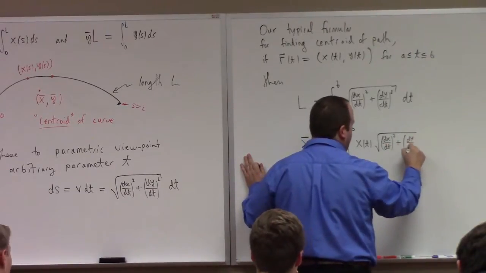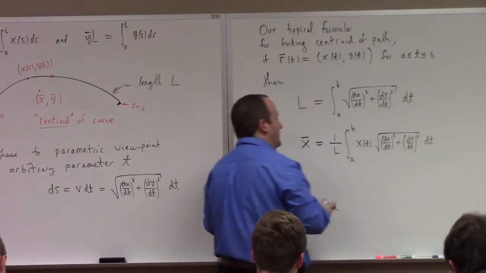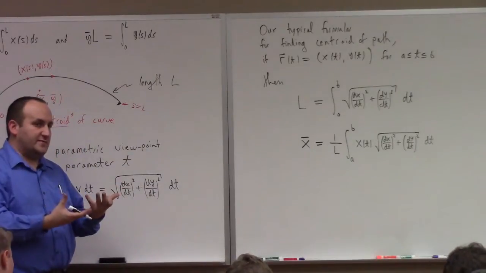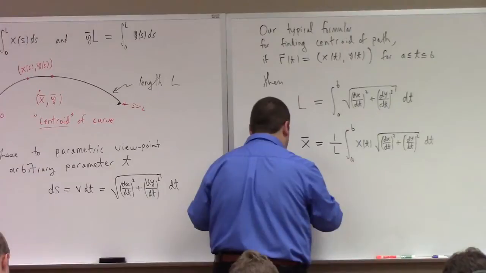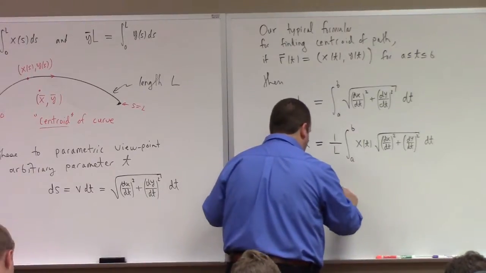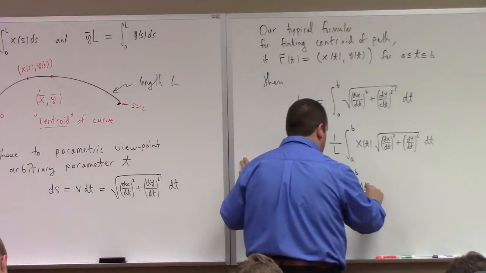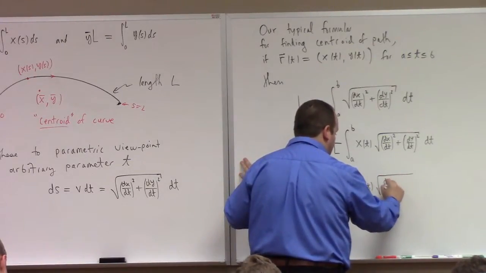I hope you're seeing something. If you have a specific problem, what should you do? You want to calculate the speed, and find the nicest formula you can for it before you go much further, because the speed is going to appear in all three things we're looking at here: the length of the curve, and also these formulas for the y-coordinate and the x-coordinate of the centroid.